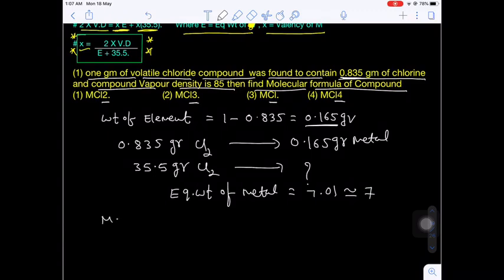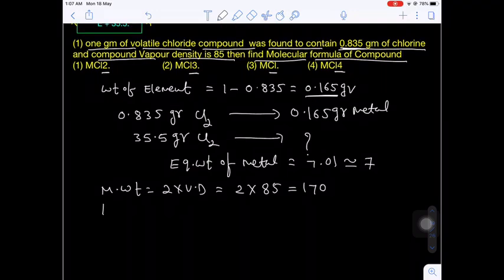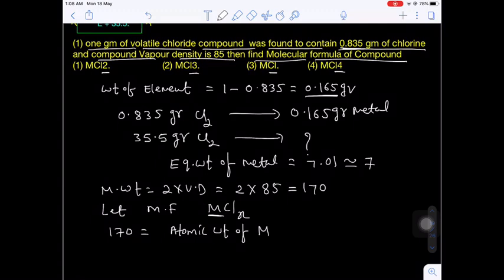Now what is the molecular weight formula? 2 into vapor density. What is the vapor density given to you? 85. So what should be the molecular weight here? 170. Let's suppose the molecular formula is MClX. What is the molecular weight here? 170 will be equal to the atomic weight of M, which we don't know, plus X into the atomic weight of chlorine, 35.5.